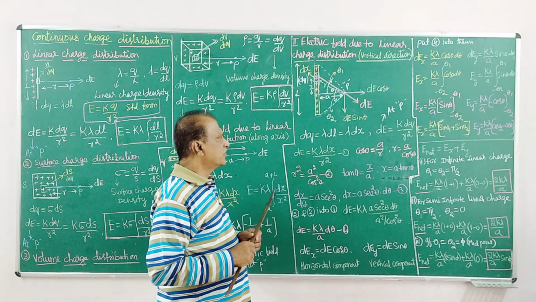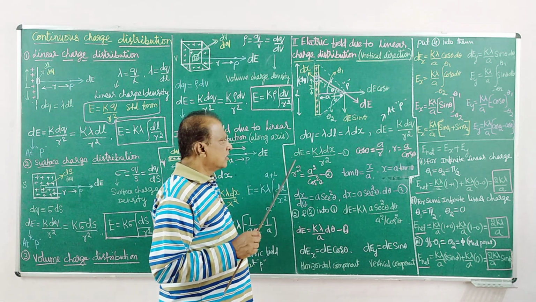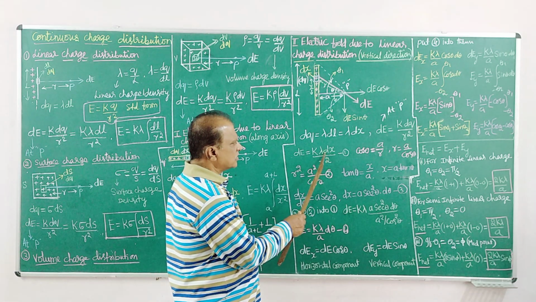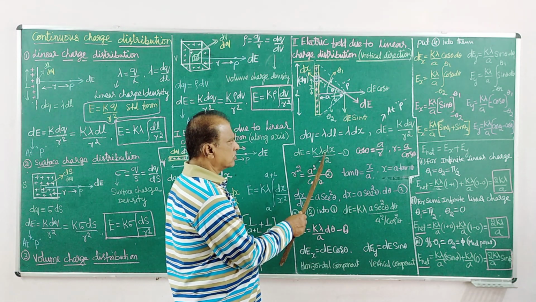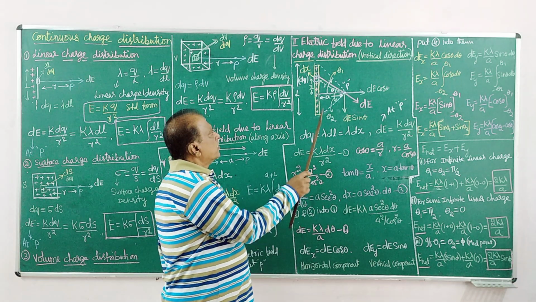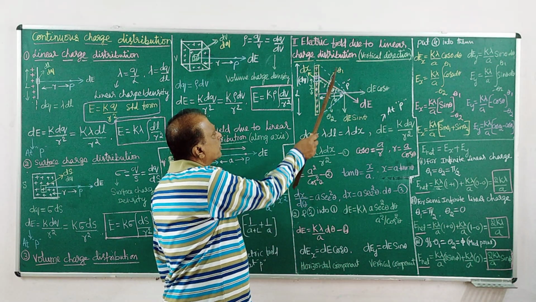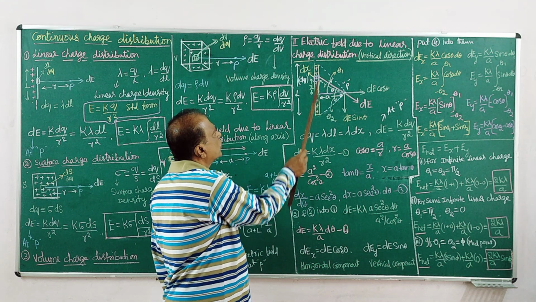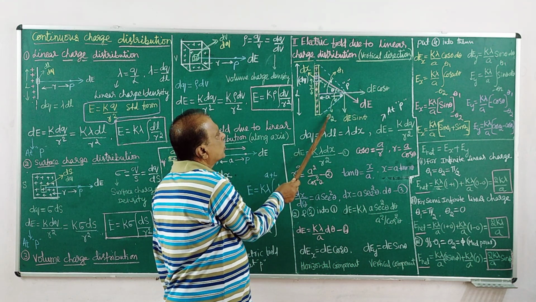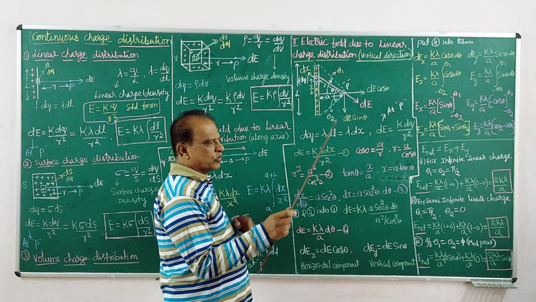So let us simplify the integration. Let us convert this length into a function of theta. It is possible: the total length L corresponds to the total angle from theta 2 to theta 1.